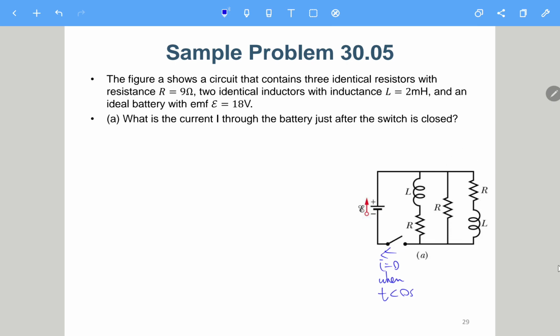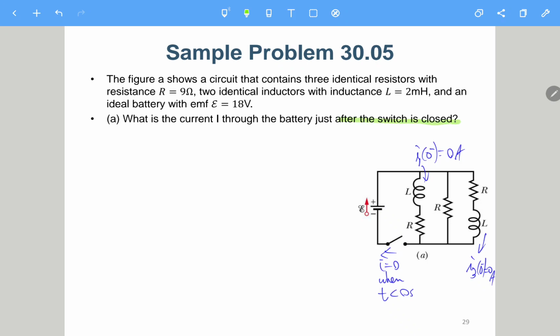All the way 0. So I1 at 0 minus should be 0, and I3 at 0 minus should be 0. 0 A, no current going through. So it should be continuous.